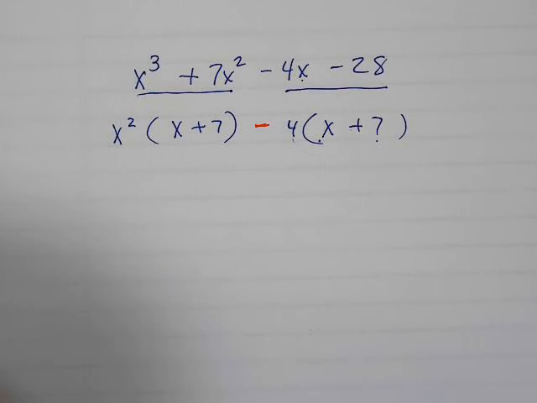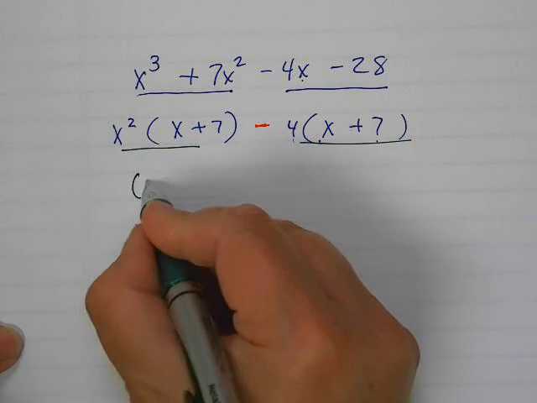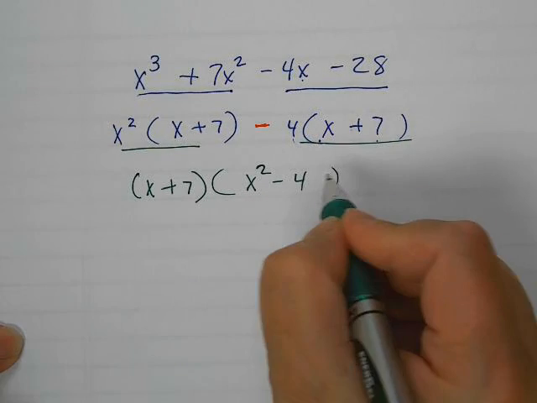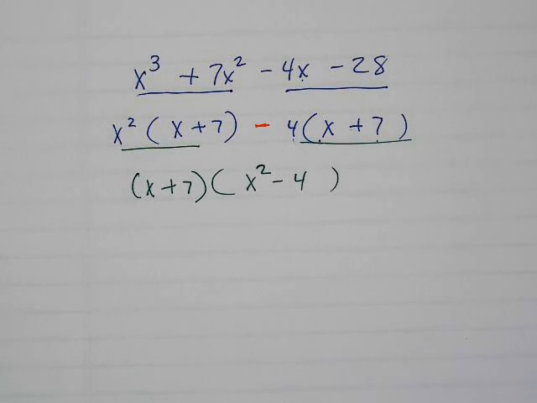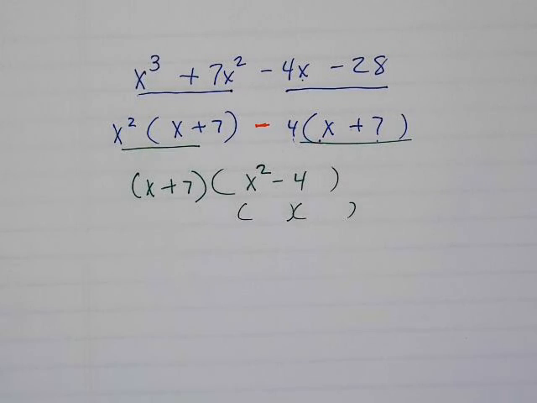It'd be plus 7. So what happens now is I have a GCF of x plus 7. So what's left is x squared minus 4. We're going to learn later that this will actually factor again. We just have not gotten there in our lessons yet.